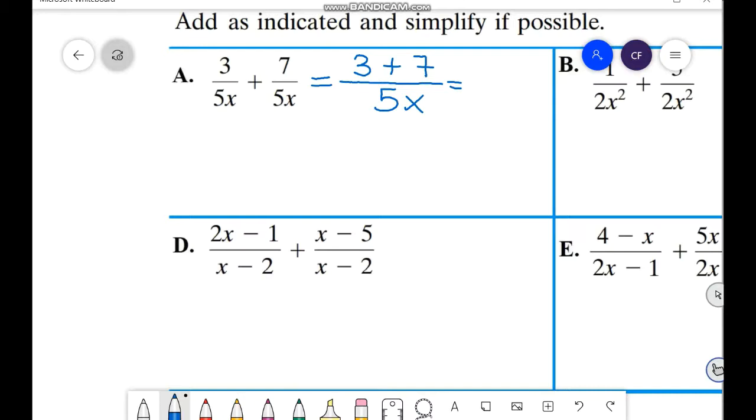This is going to be 3 plus 7, 10, over 5x. No, it's not the end, it is not finished yet. You have to simplify, because 10 can be divided by 5, and 10 divided by 5 is 2. Then the final answer, the simplest answer, is 2 over x.